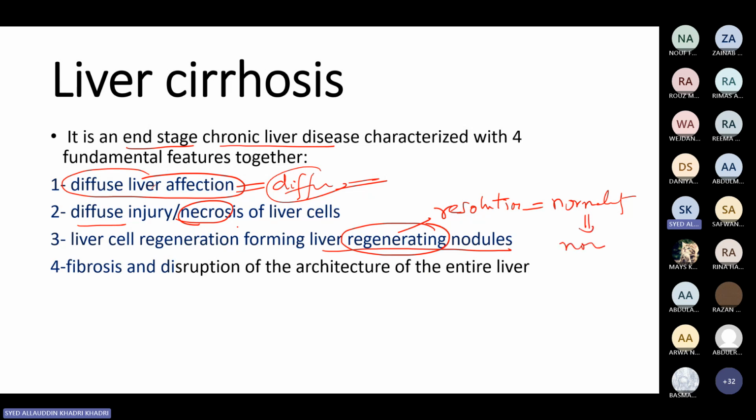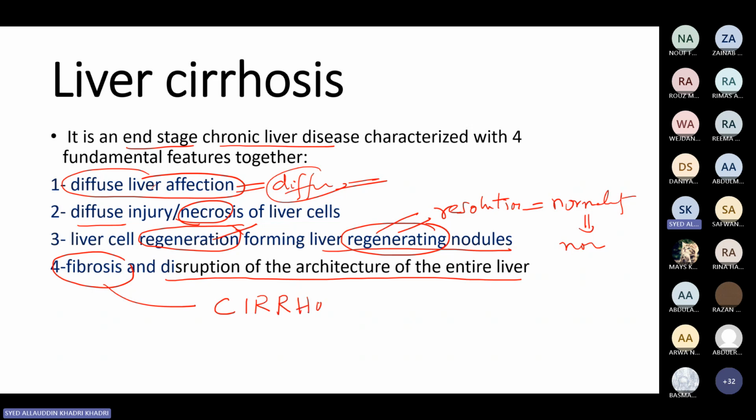But if the regeneration is lost, the resolution is lost, collagen deposition occurs, called fibrosis, and disruption of the architecture of the entire liver occurs. If this fibrosis slowly extends diffusely through the whole liver, it is called cirrhosis of the liver, which is an end-stage liver disease.